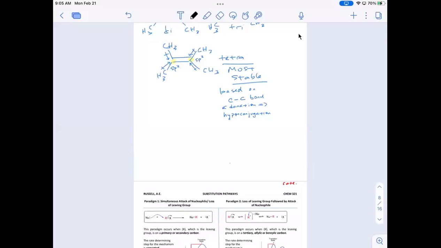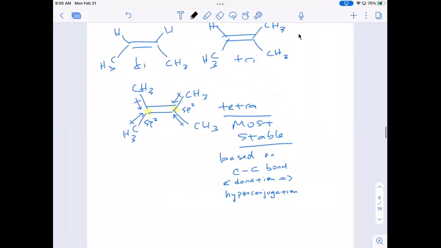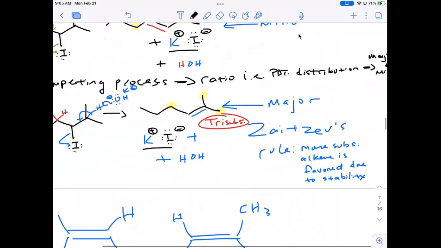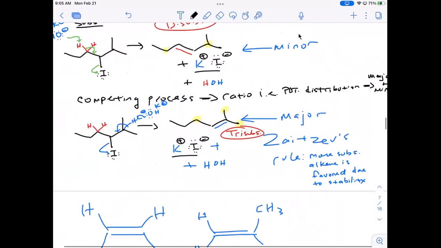So we left off Friday talking about the E2 mechanism, and the products and Zaitsev's rule, and how the more substituted alkene formed in the elimination product is major.